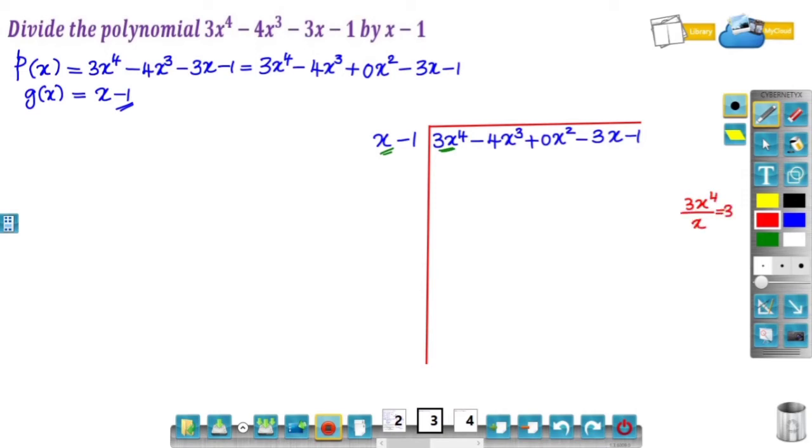3x to the power 4 by x is 3, x to the power 4 minus 1, that is 3. So you have to write 3x cube in the quotient. Now multiply 3x cube to each term of the divisor. 3x cube into x you have to do, then 3x cube into minus 1.